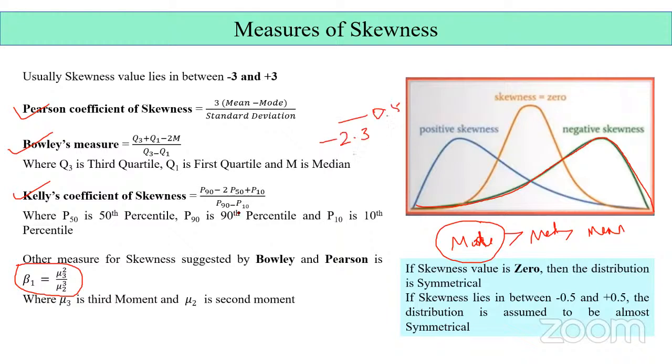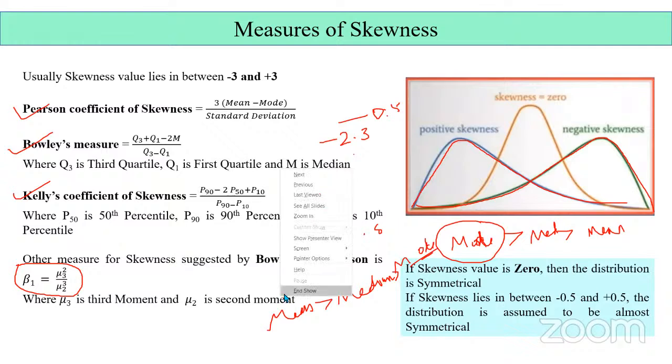And if you get a value like plus 2.7 or plus 0.8, it tells that the data is positively skewed, where mean is greater than median is greater than mode. Maximum people are falling down and only one extreme variable is dragging the total.